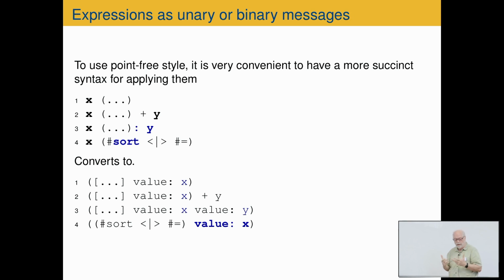So it gives you a value, but back to Steph's point, it doesn't require extra parentheses because it doesn't have a value colon keyword function in the middle. So it gives you a much more succinct way to write code. For binary messages, as you can see in the third line, there's a colon after the parentheses because there has to be some way to recognize it as a binary operation.